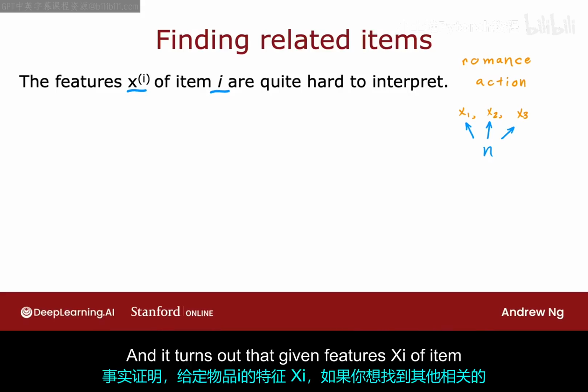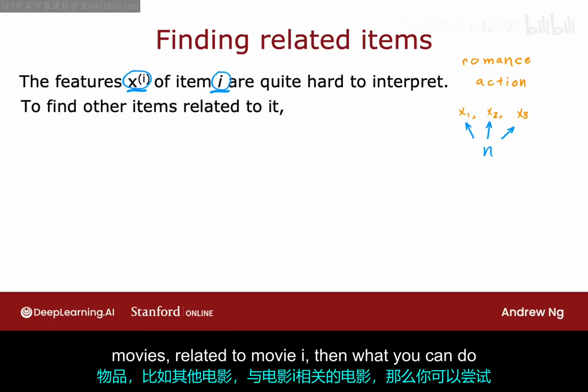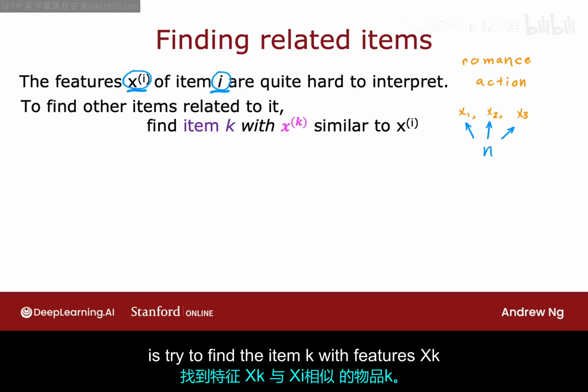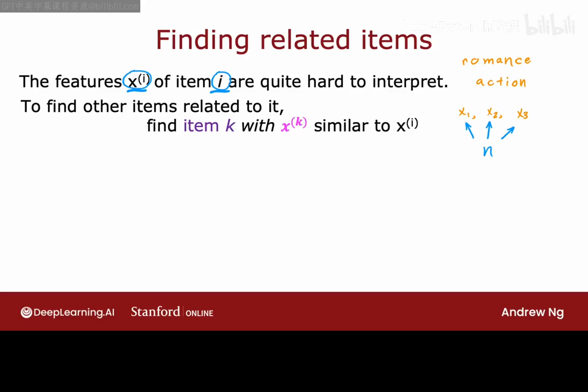And it turns out that given features xi of item i, if you want to find other items, say other movies related to movie i, then what you can do is try to find the item k with features xk that is similar to xi.